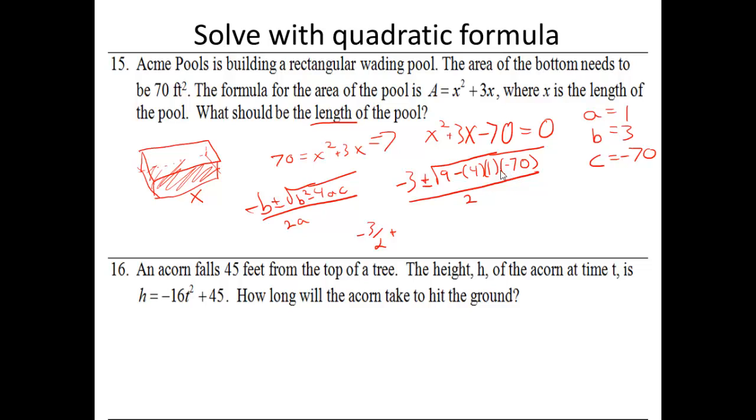So 9 subtract negative 280 is going to be 289, over 2. And we're also going to have negative 3 over 2 minus the square root of 289 over 2.